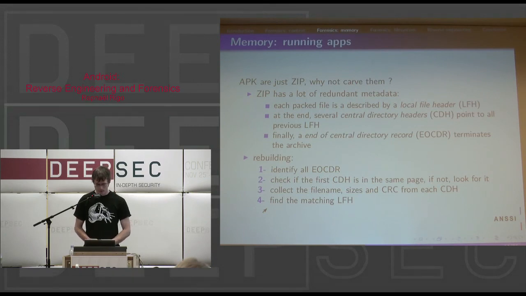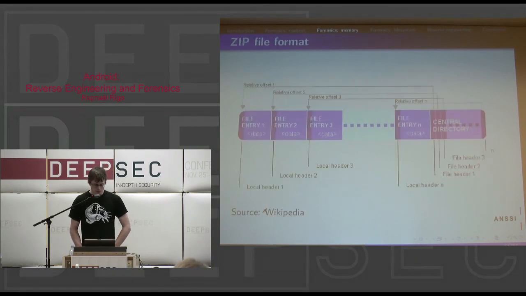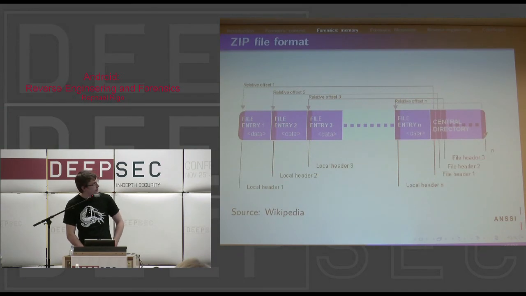So as you can see here, you have an end of central directory header at the very end. Here, this pointer says, okay, we have n files in this archive, so the data starts here. Afterwards, you have file entries, one for each file, which say, well, the file is at this offset.